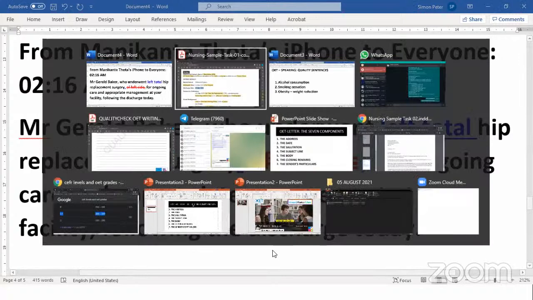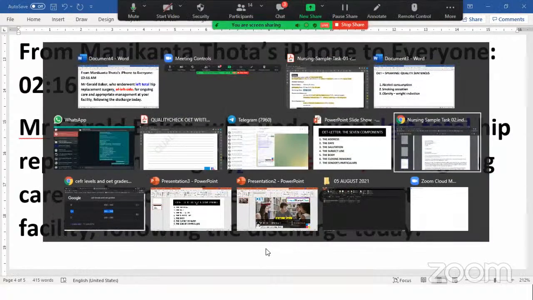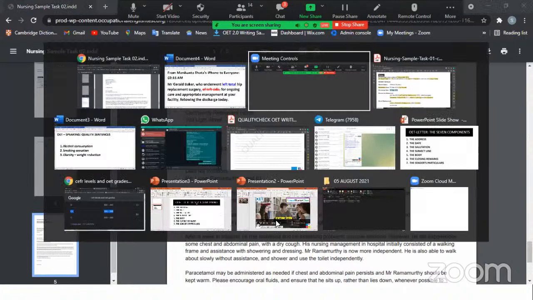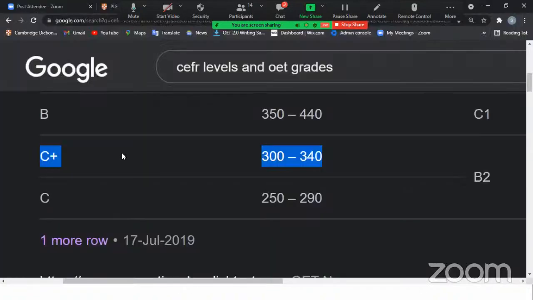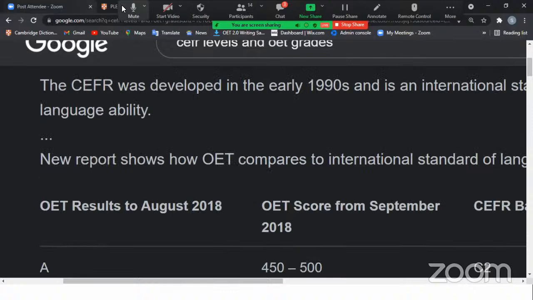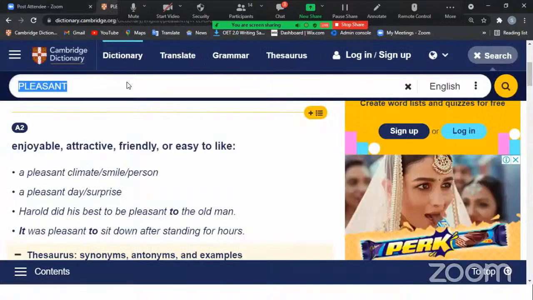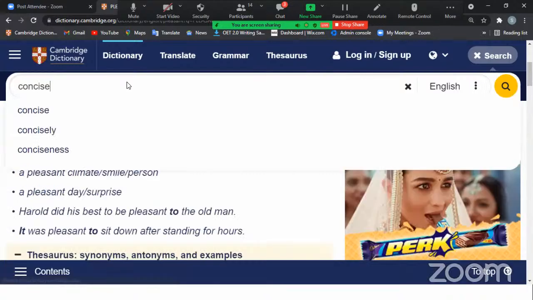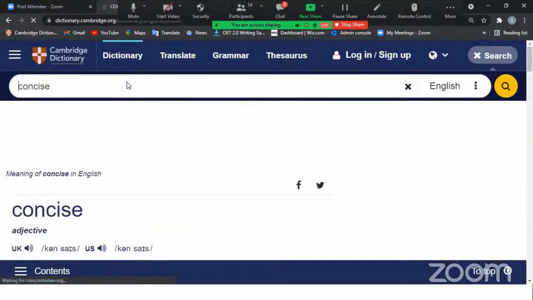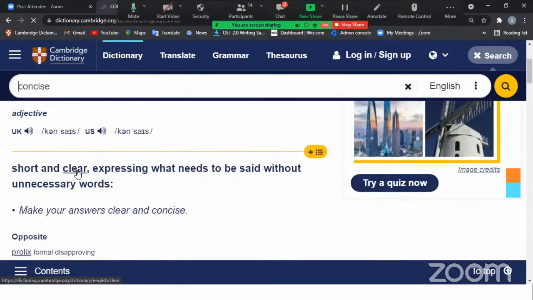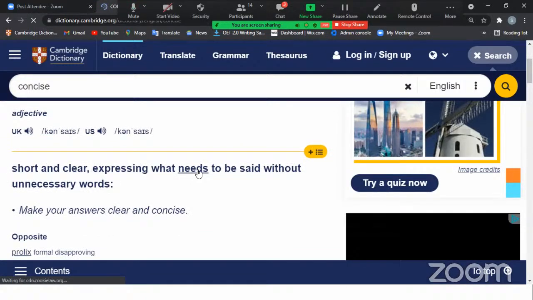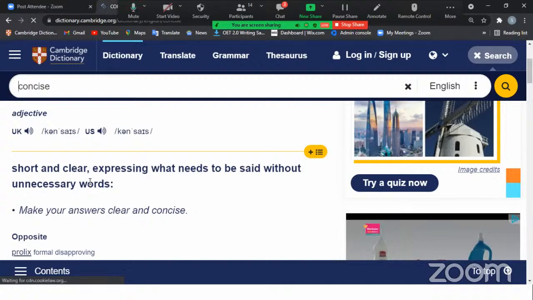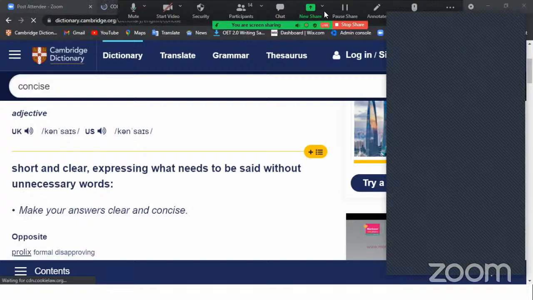Now what do you mean by concise? Brevity. Concise means short and clear, expressing what needs to be said without unnecessary words. I hope you understood what I was trying to explain.